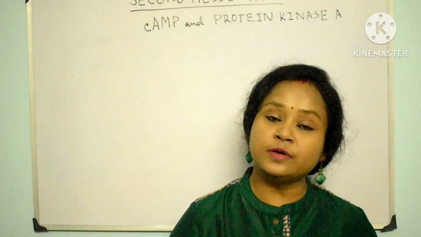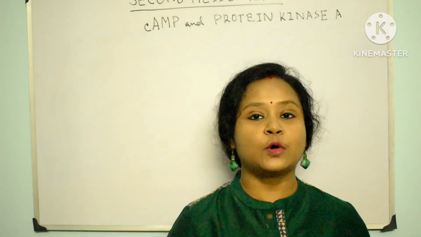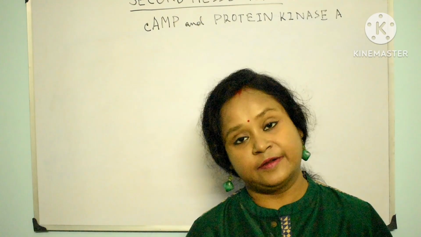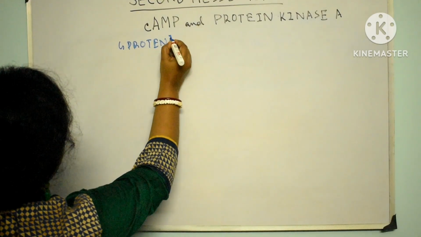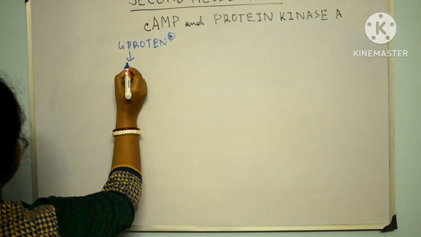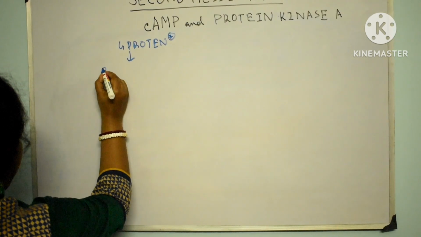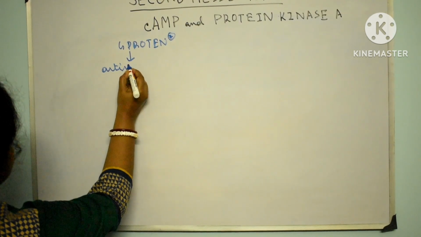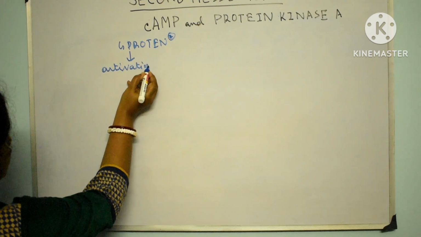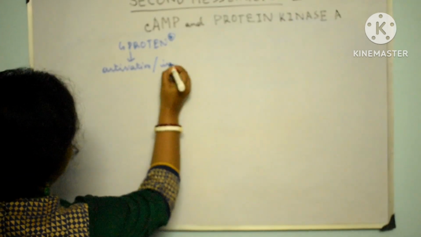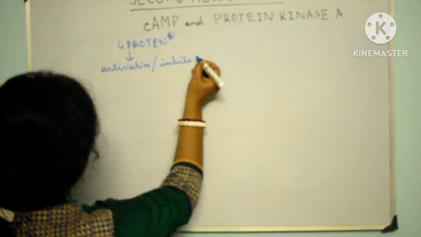The activation of an individual G protein may cause activation or inhibition of a particular effector. G protein is now activated. It causes either activation or inhibition; both cases can happen.